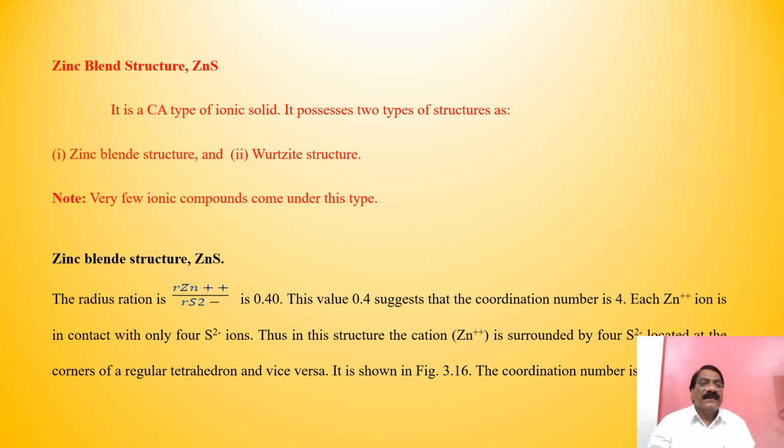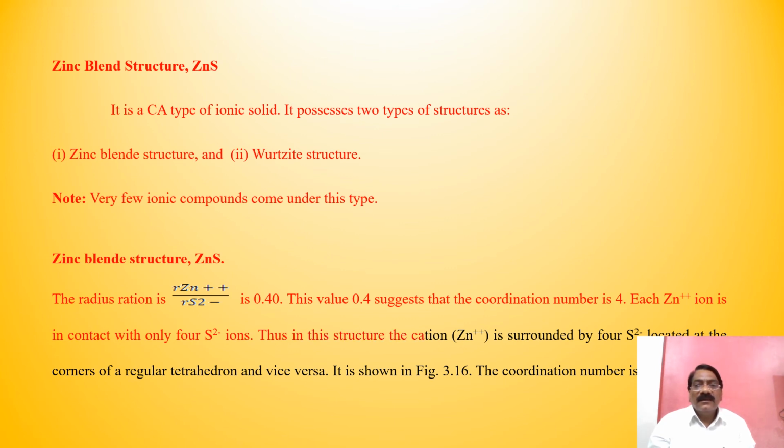First we see the zinc blende structure. In ZnS, the radius ratio, radius of Zn2+ upon radius of S2-, is 0.40. This value 0.4 suggests that the coordination number is 4. Each Zn2+ ion is in contact with only 4 S2- ions.